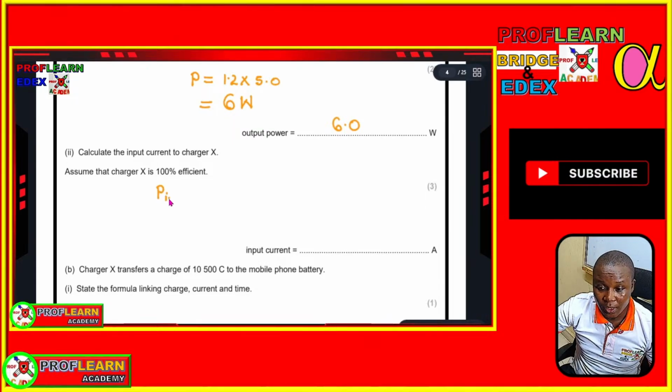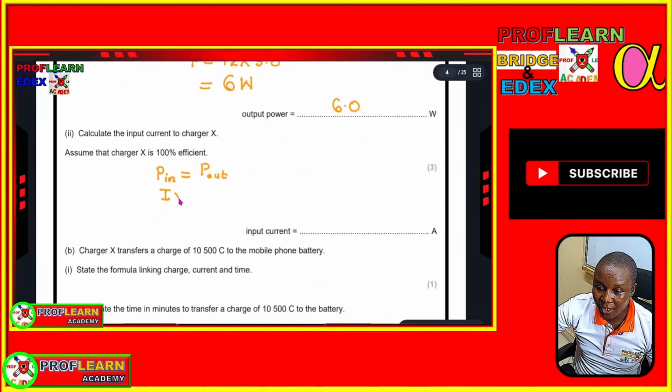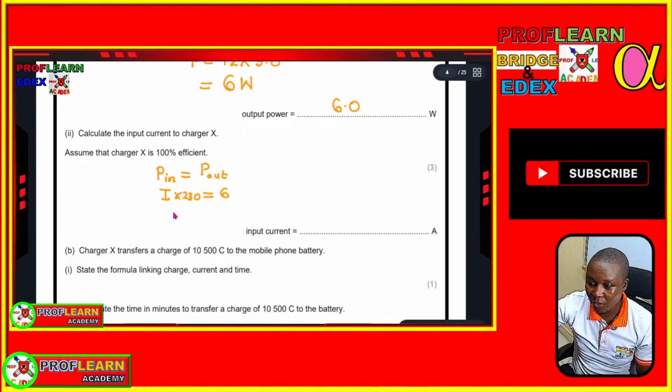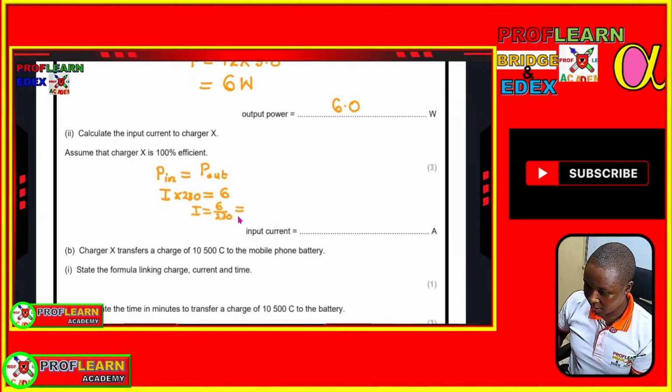So power in is equal to power out, but power in is going to be the current in times the input voltage, and we have the power out from the previous calculation, which is equivalent to 6. So current is going to be 6 divided by 230.